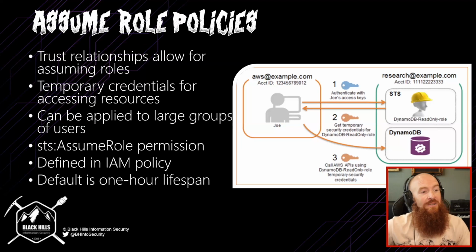Let's say Black Hills is going to do a pen test, and instead of creating an IAM user account for them in my actual AWS tenant, I'm going to create an assume role policy, and I'm going to apply it to Black Hills' external AWS account. And so me as a pen tester, I can call that assume role policy as an external tenant or external account and get temporary security credentials to gain access to the organization's account.